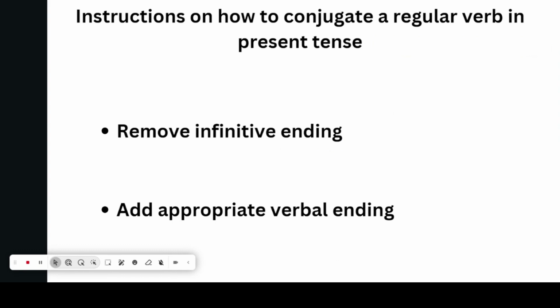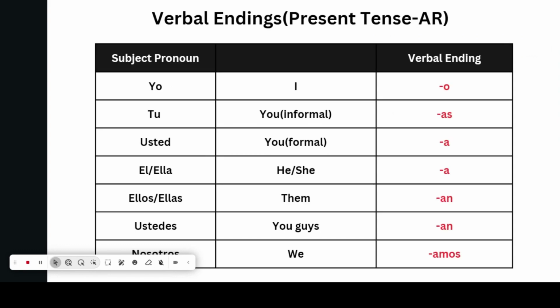How do I know what appropriate verbal ending to add? Well, here it is. We discussed subject pronouns, being the thing, the object, or the person that does the action in the sentence. So he, she, I, etc. A concept that you need to understand is that in Spanish, every subject pronoun has a specific verbal ending.